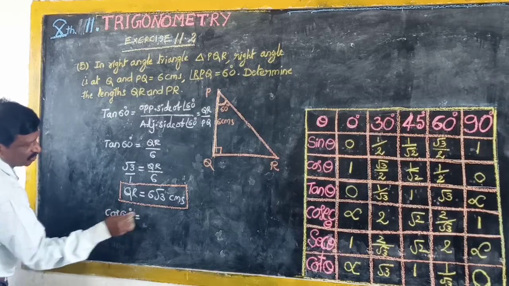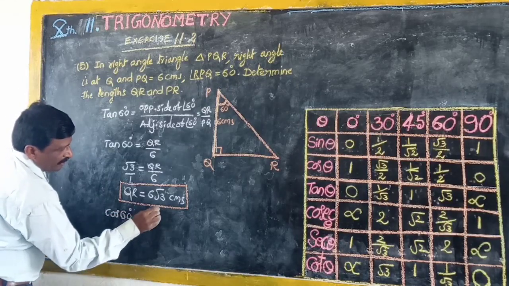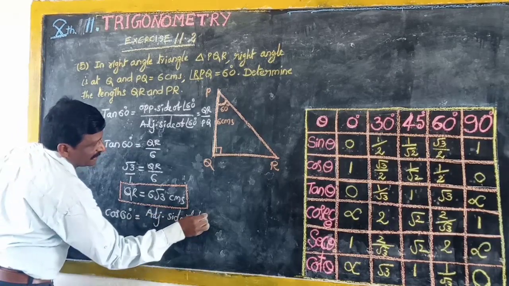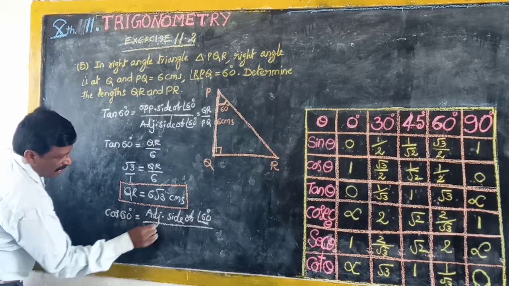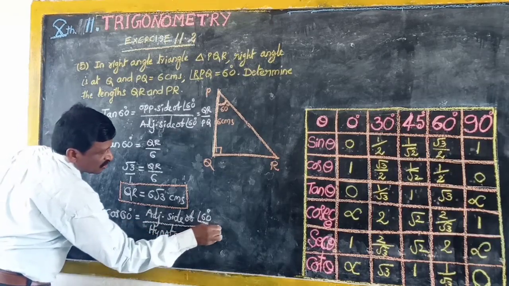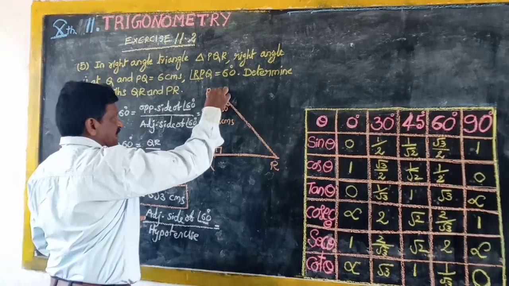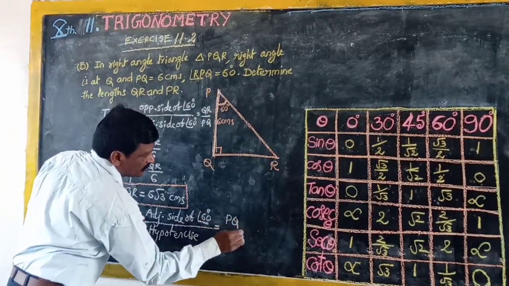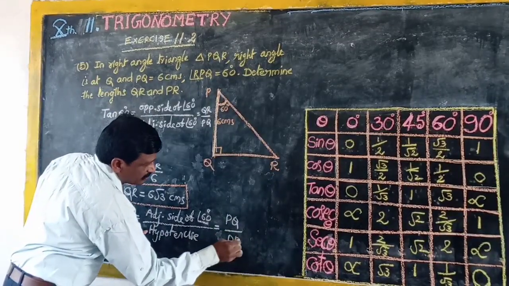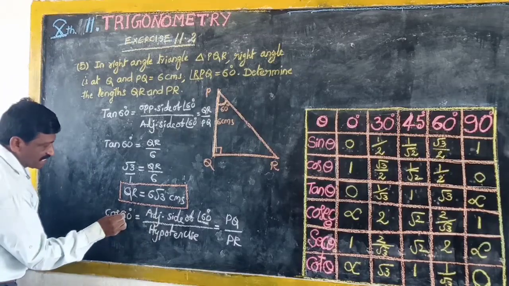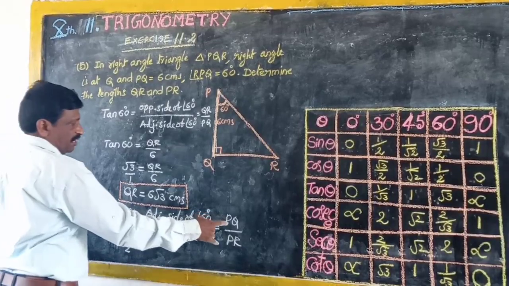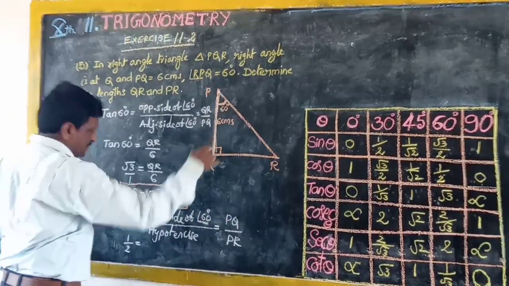Cos 60 degrees is equal to the adjacent side of angle 60 degrees by the hypotenuse. The adjacent side is PQ, and the hypotenuse is PR. Cos 60 degrees value is 1 by 2. PQ is equal to 6 centimeters.